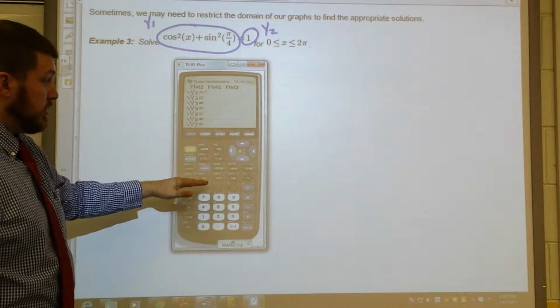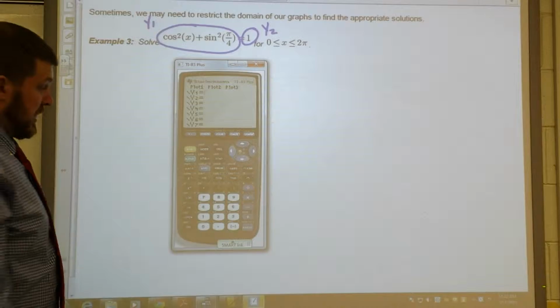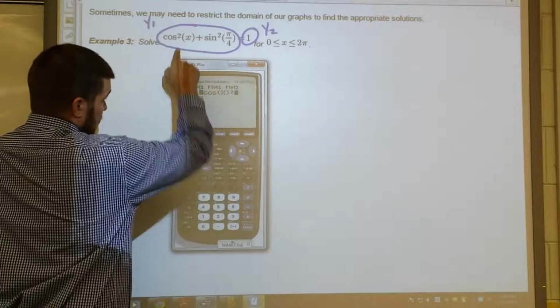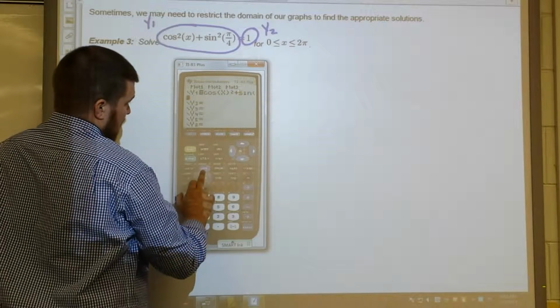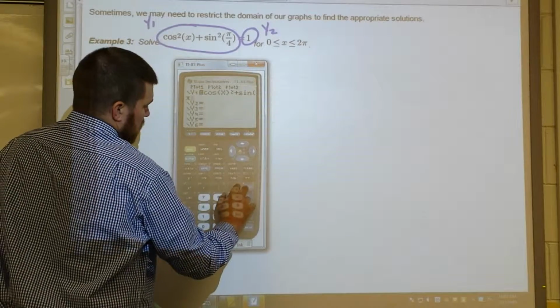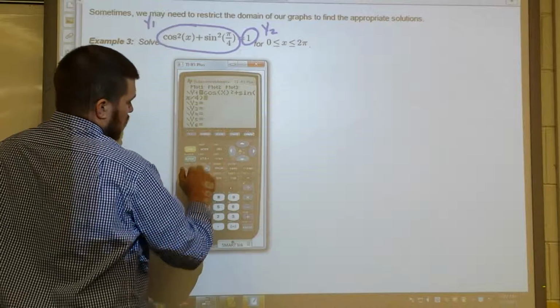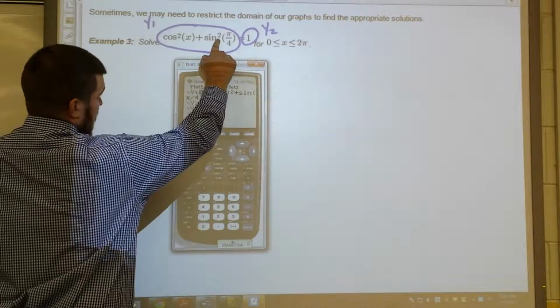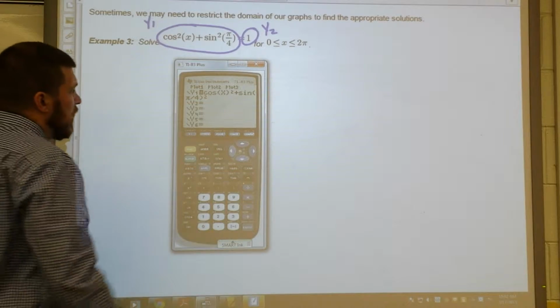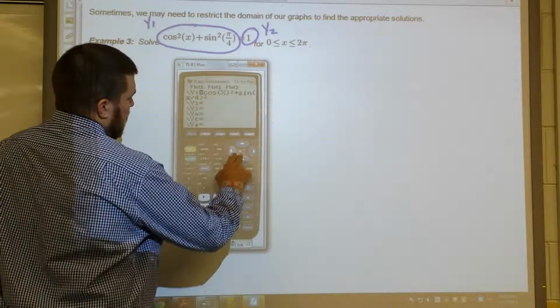So instead what we're going to do in our calculator, and it's equivalent, the same thing, we're going to type cosine of x squared. That means the same thing as what we have here, plus sine of pi fourths squared, because our calculator won't put the square in front for whatever reason. It's just a weird programming thing. Okay, and make sure we got that typed in correctly, and we do.